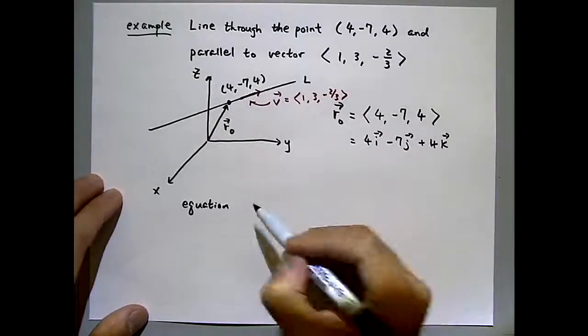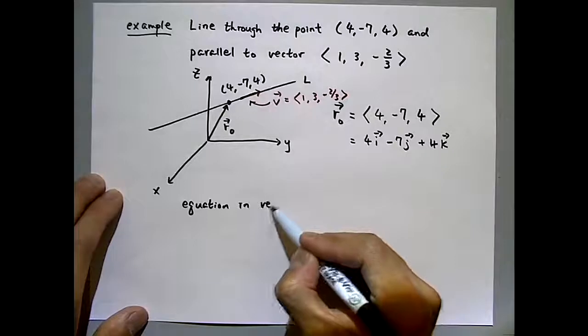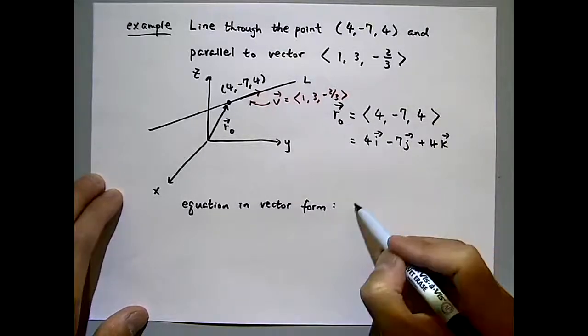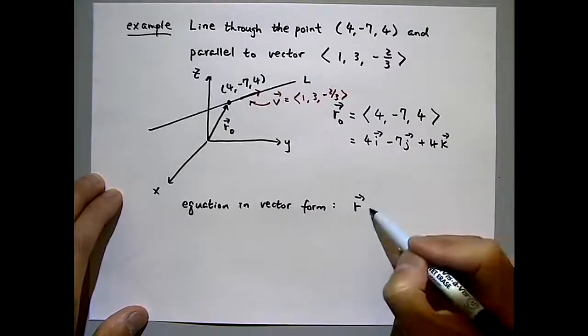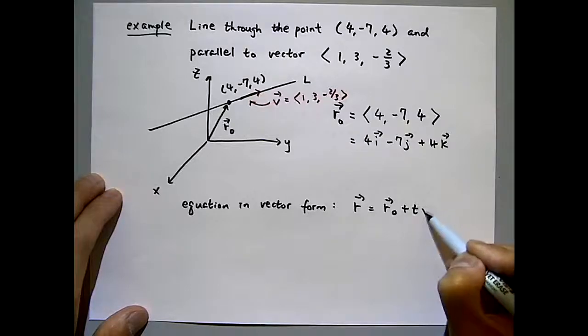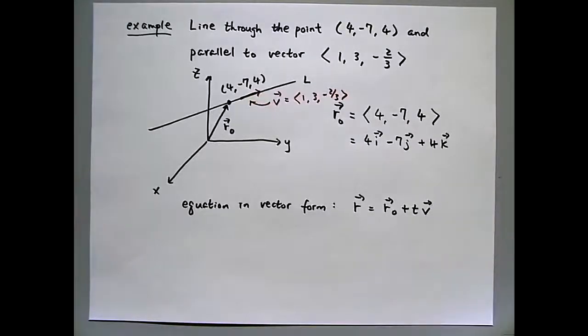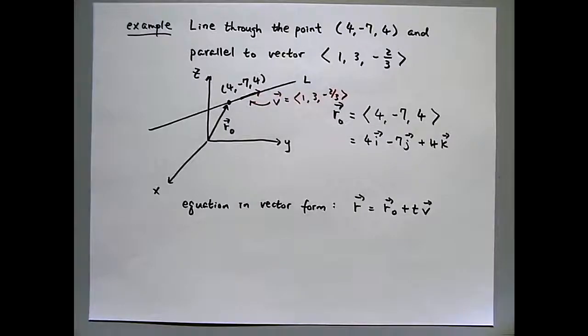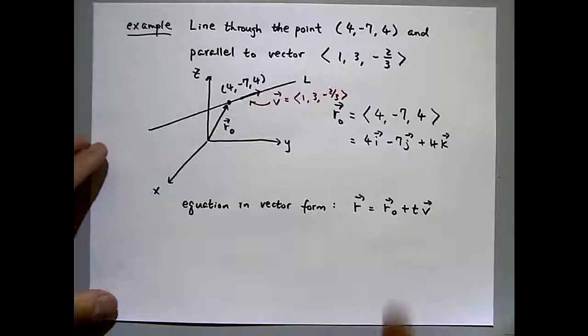Okay, so the equation in the vector form, to start with that, is the vector r equal to r sub 0 plus t times v. Think of it as y is equal to mx plus b. It's exactly the same thing. One point plus direction times whatever parameter you want it to be.